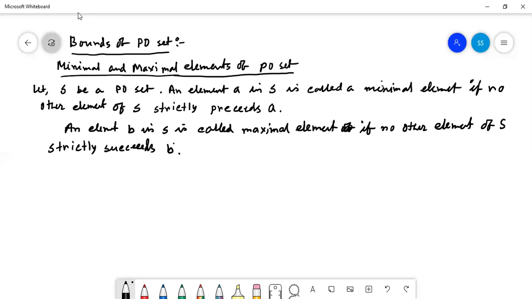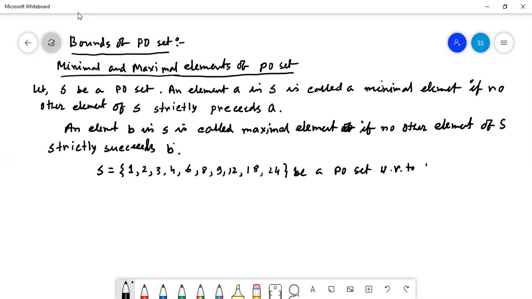So if we take a set S, which is given as 1, 2, 6, 8, 9, 10, 18, 24, be a POSET with respect to the relation divisibility.